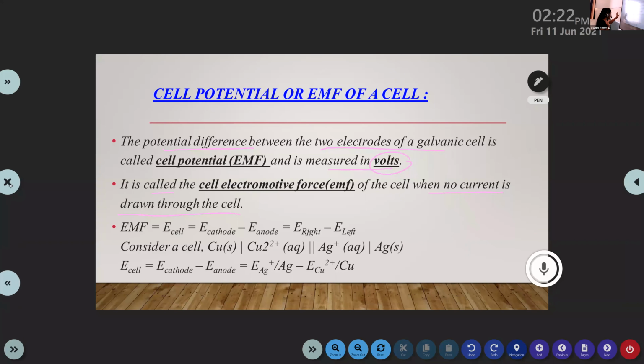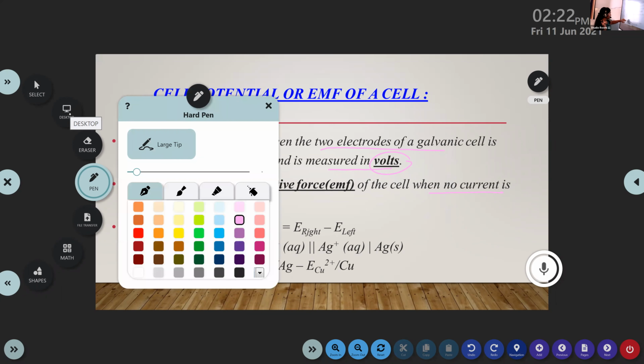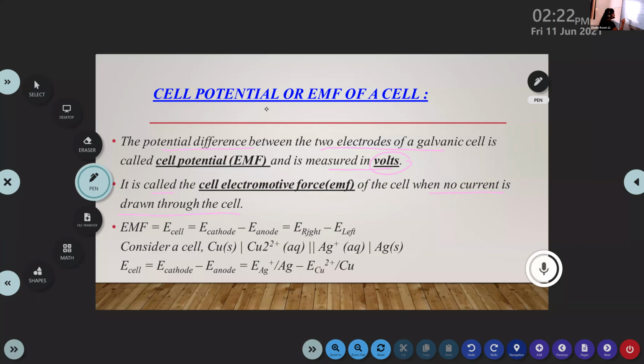So there is one equation you have to learn to find out the cell potential of an electrochemical cell. That is EMF, the electromotive force or cell potential, which can be represented as E subscript cell, E cell.